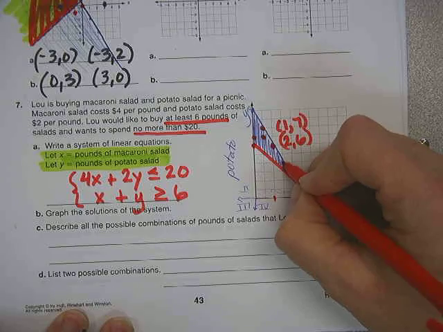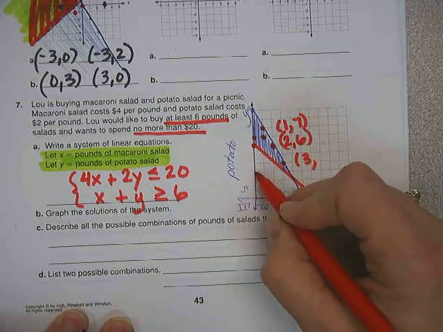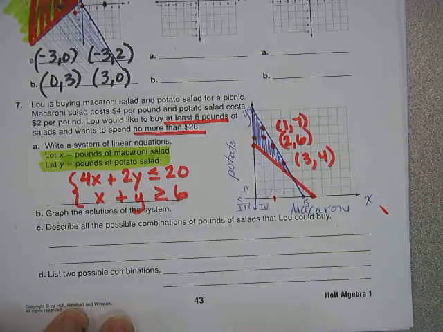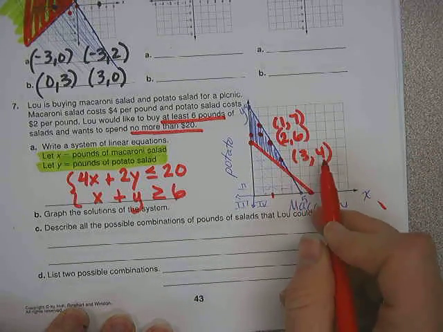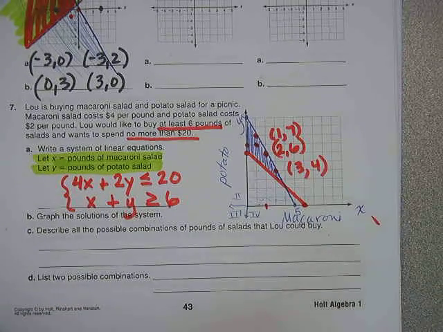You could get 1, 7. Okay, you could get over here. This looks like 3, 4, which is 3 pounds of one, 4 of the other. Okay.